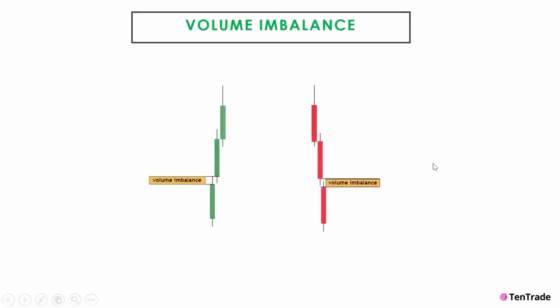Now when you talk about volume imbalance, it is a scenario where you have a price delivery in which the 2 candles or the 2 pair of candles have to be the same color. So looking at bearish candles or bullish candles, and the bodies of the two candles are actually not connected. Rather the wicks.